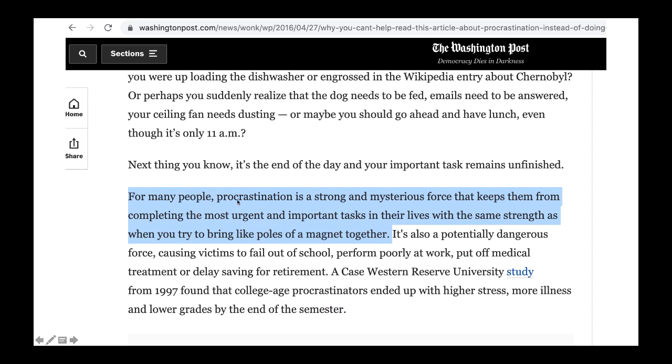For many people, procrastination is a strong and mysterious force that keeps them from completing the most urgent and important tasks in their lives, with the same strength as when you try to bring like poles of a magnet together. So, there's a technology, a magnet, and when you're trying to bring like poles together, they repel each other. So that would be an example of a technology metaphor being used in describing an abstract idea, procrastination.